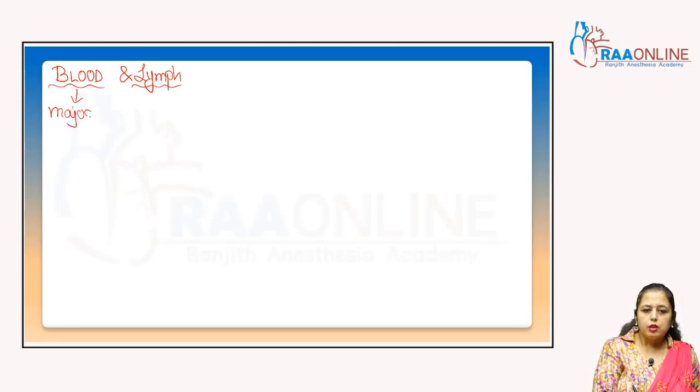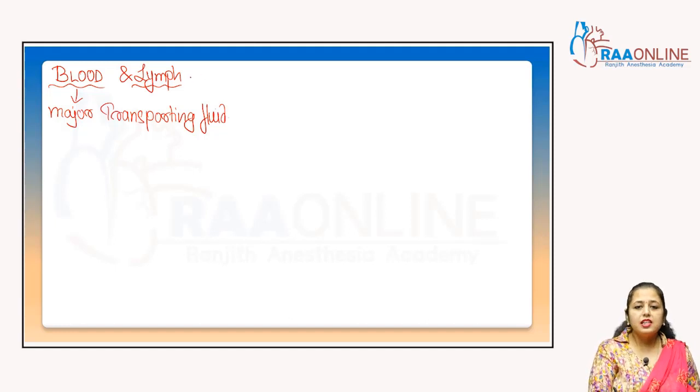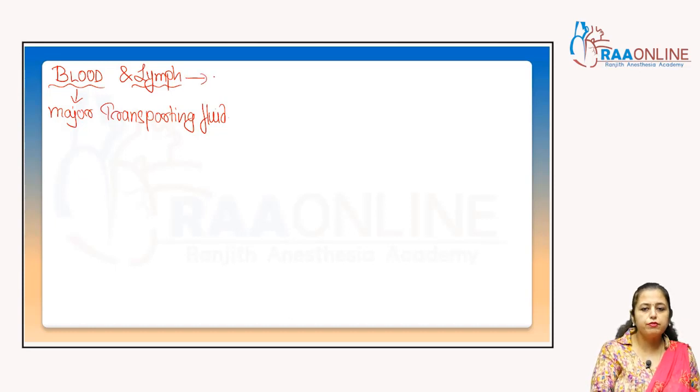Blood is red in appearance, and lymph is colorless. Lymph is formed by the filtering of the blood, and is again mixed with the blood. So blood is the major transporting fluid.